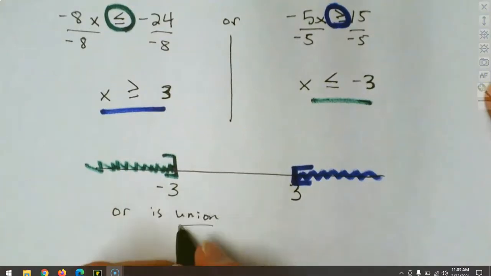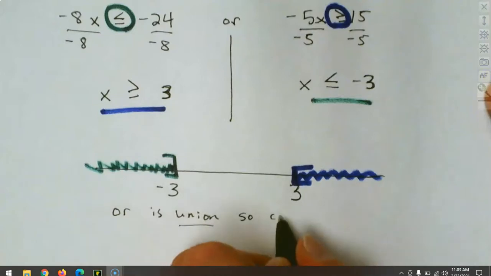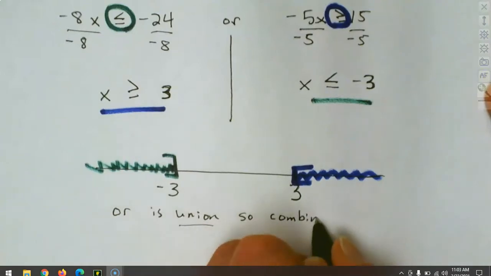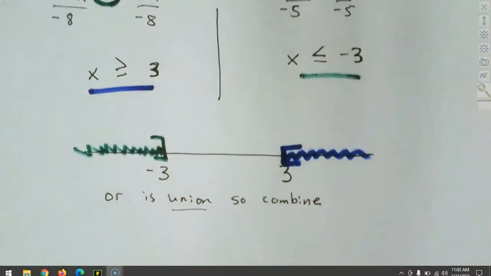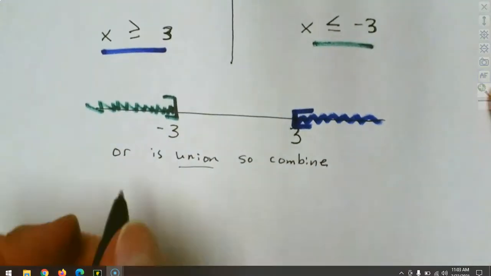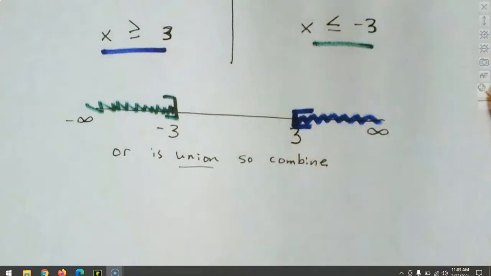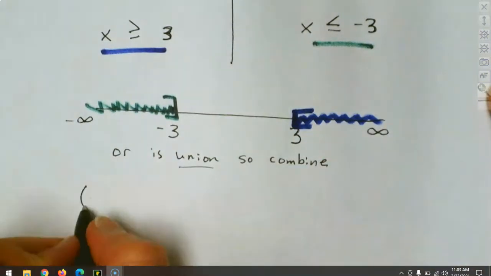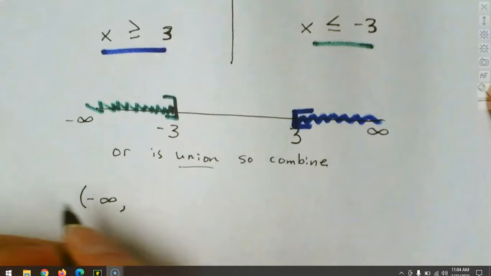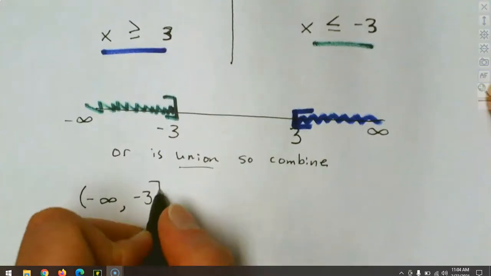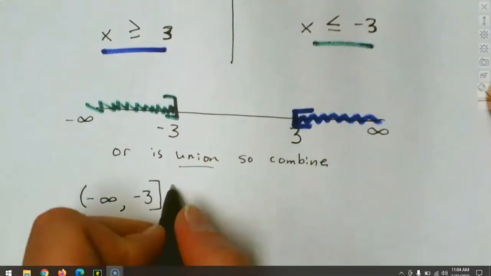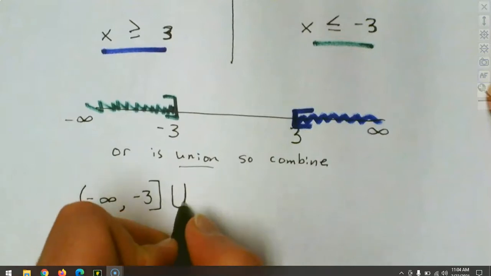So we're going to combine. And how do we combine them together? Well, they're going to be put together with a U. So remember, this is negative infinity. This is positive infinity. So we've got negative infinity, comma, negative 3 with the square bracket. We use that U for union.